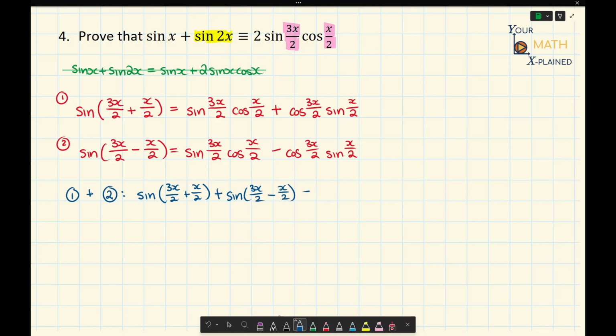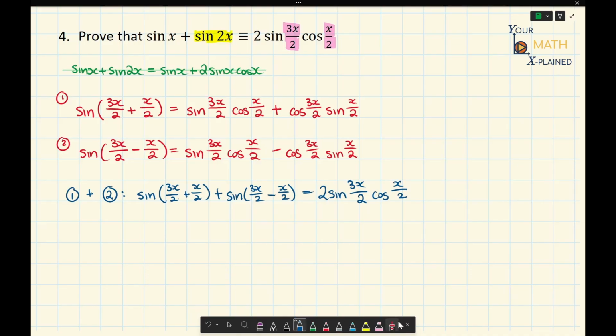And then now the right-hand side, the second part of the expression is going to cancel out. And then the first part, well, that part is identical. So if we add them, we basically get two of them. So that will be 2 times sine of 3x over 2 times cosine of x over 2.